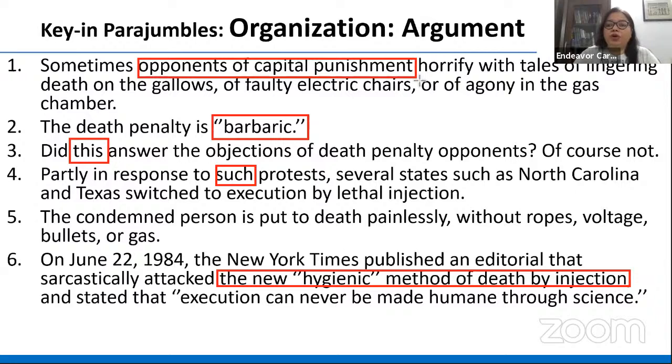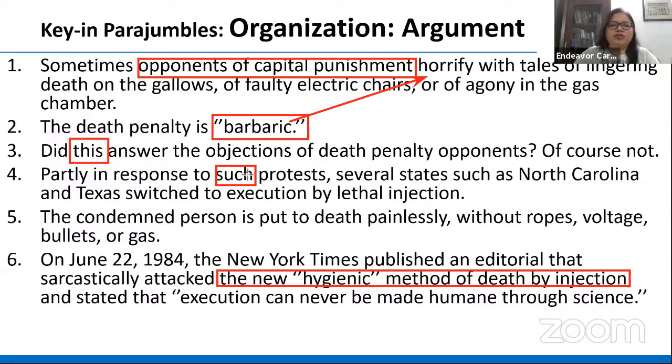Because they come up with horrifying tales of how death doesn't happen instantly. Tales of lingering death on the gallows, faulty electric chairs, etc. So the death penalty is barbaric. There are people, opponents of capital punishment, who horrify with tales of such death that doesn't happen instantly. That's why they oppose it.